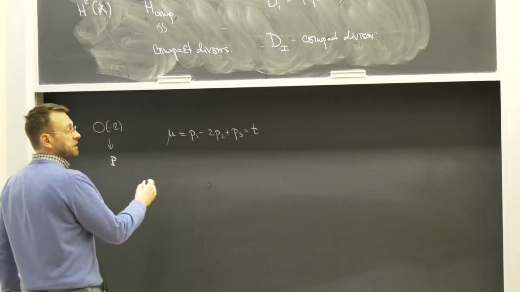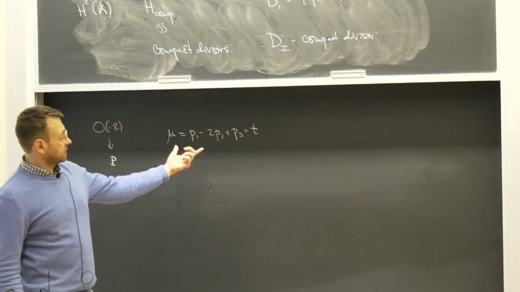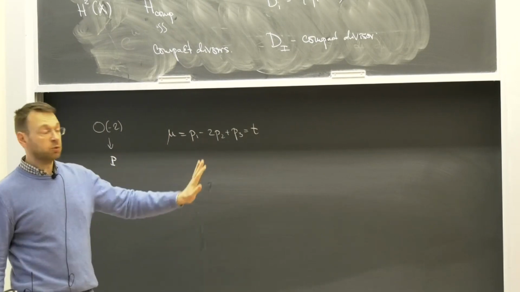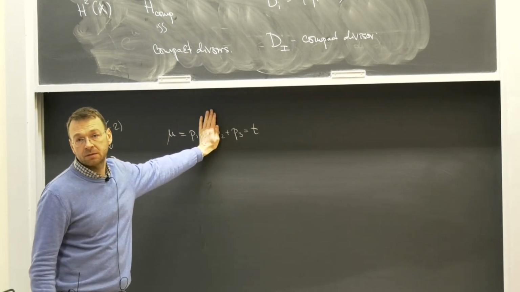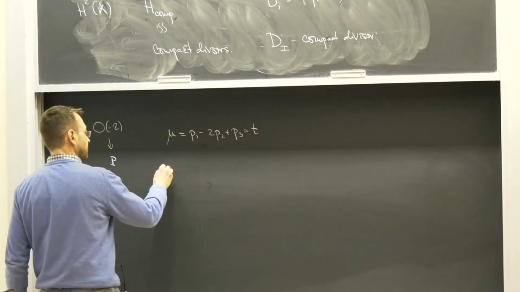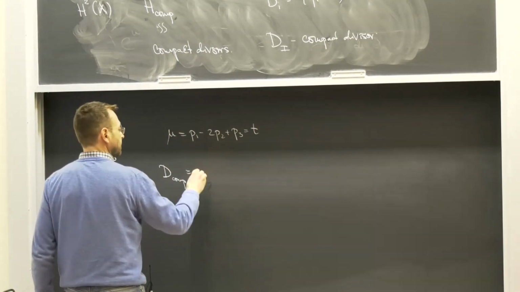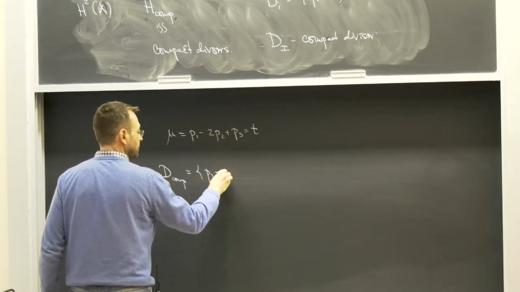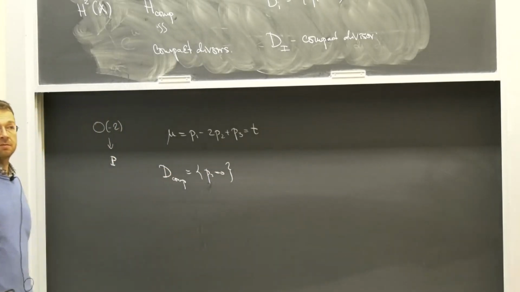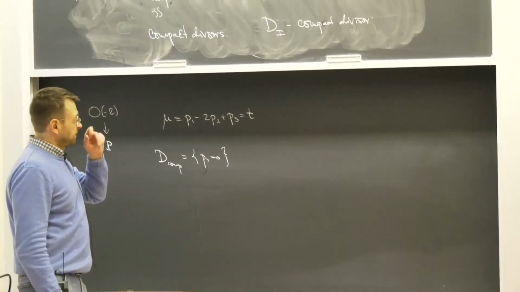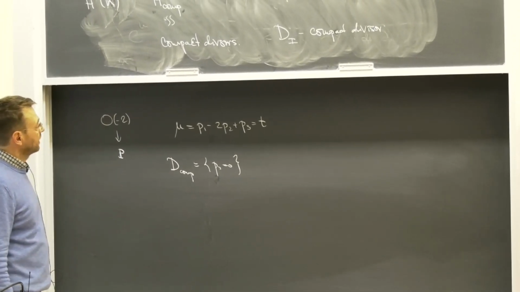So actually the compact divisor here is the following. Just look at this equation. There is something very special about this P2. If I put P2 to 0, this is compact. So this is exactly what I will call a compact divisor. It's basically when I look at P2 equal to 0, and then I just do the quotient.